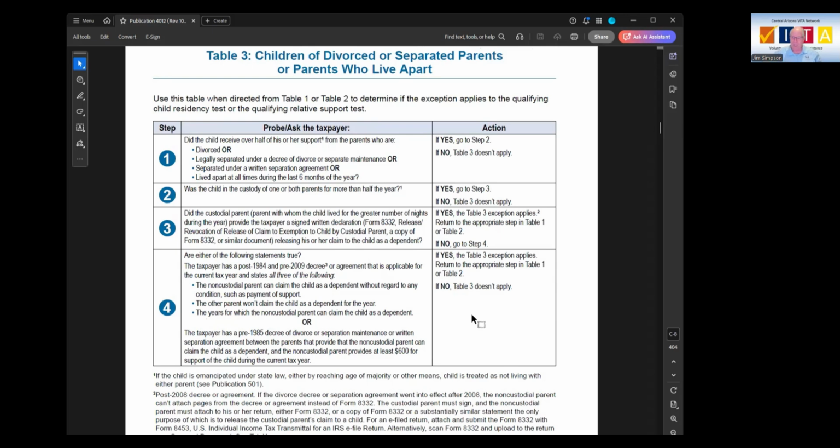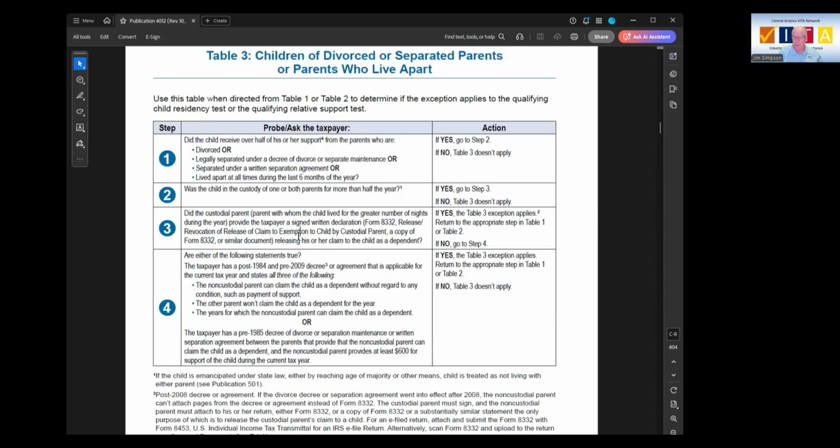And they have to sign this form 8332, that releases the exemption. Okay, we used to have this term called exemption, and it's still in here for now, but it's really releasing the claim to claim the child as a dependent.